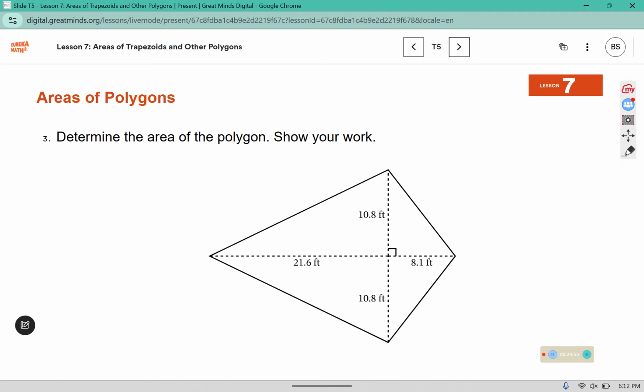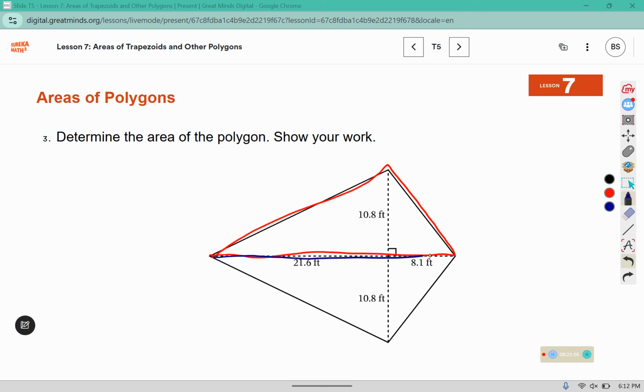Determine the area of the polygon. Show your work. You can think of this as 4 small triangles, or we can select it as 2 larger triangles. If we're looking for the base here, this whole base is built from 21.6 and 8.1.